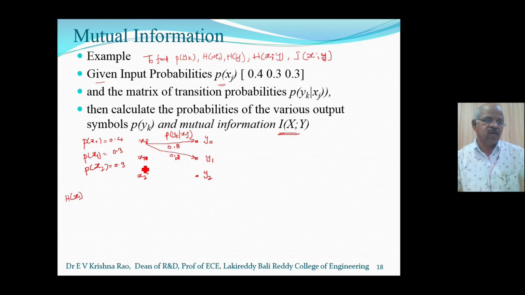From x1 to y0 it is 0.7, and x1 to y2 is 0.3, also summing to 1. From x2 to y1 it is 0.4 and x2 to y2 is 0.6, also 1.